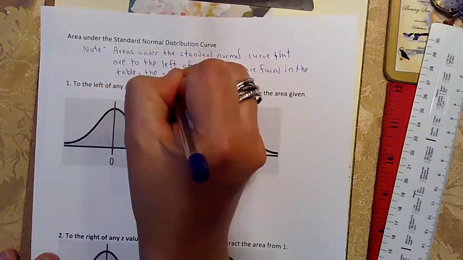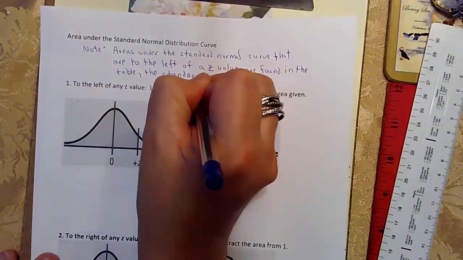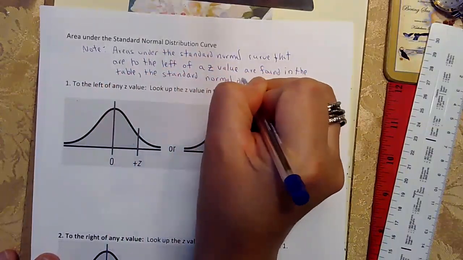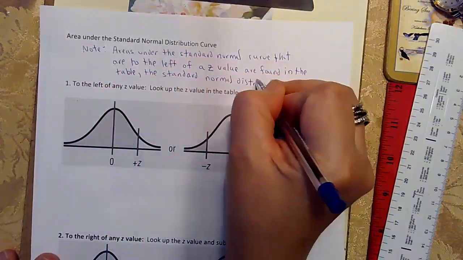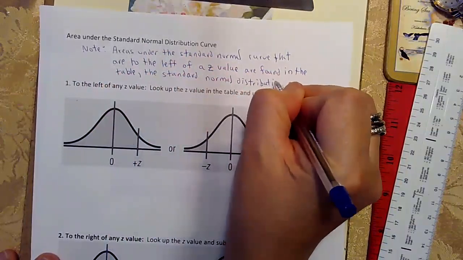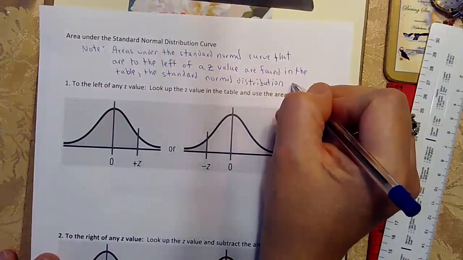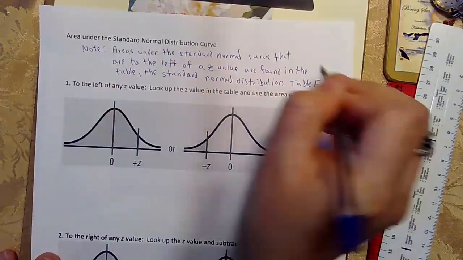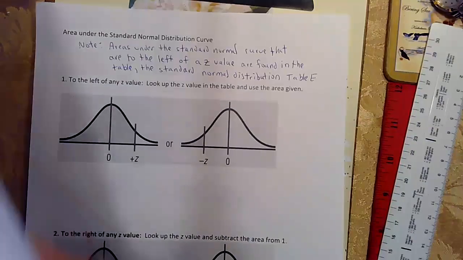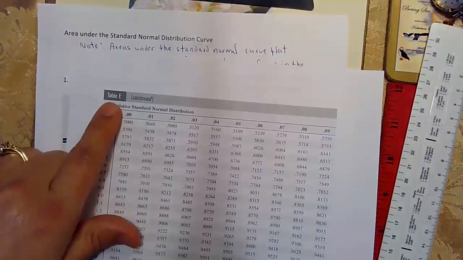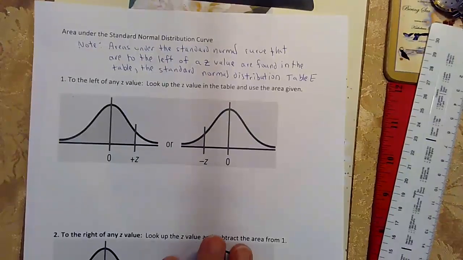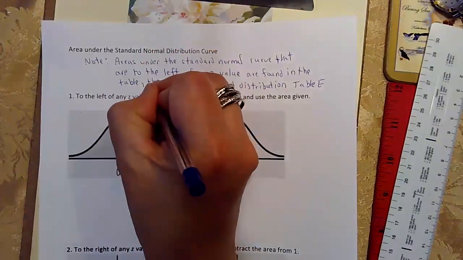What table is that? You have a lot of tables. It's the standard normal distribution, which is table E, I believe. Different books have called it different table names. This just happens to be table E, the cumulative standard normal distribution. I just didn't put the word cumulative.